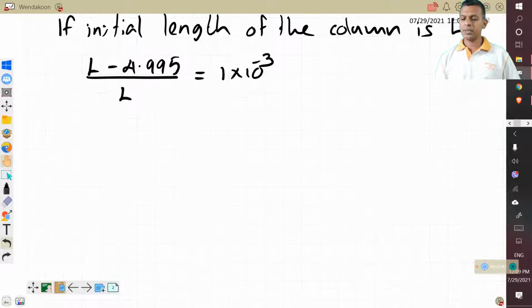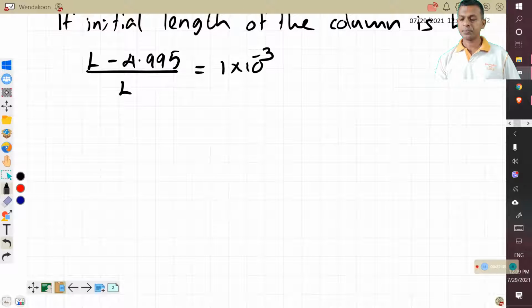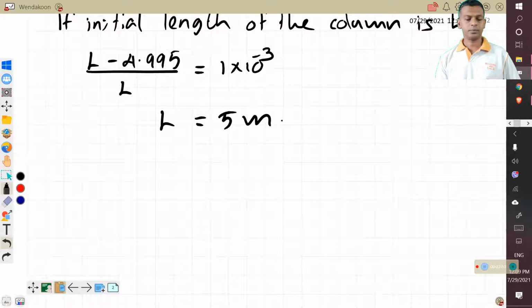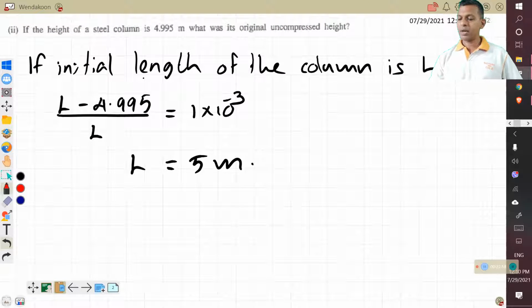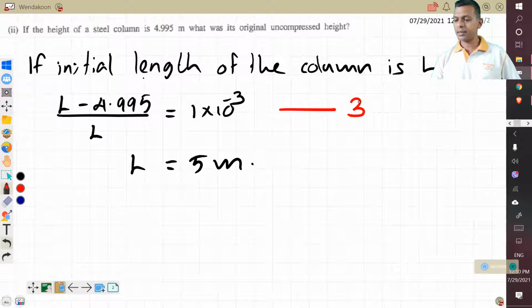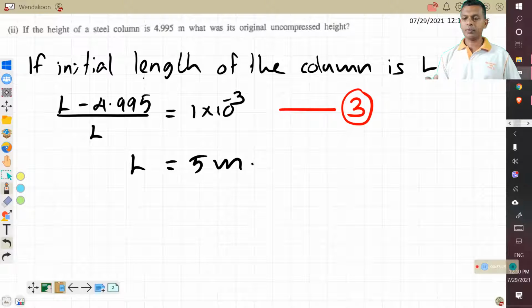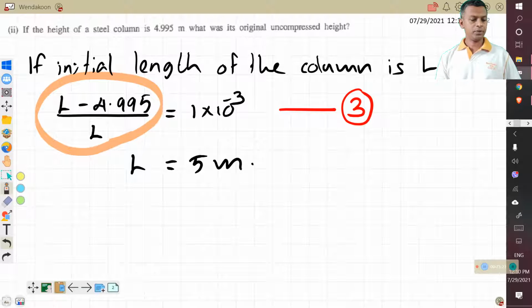Then we can solve this to give L equals 5 meters. For marks, you will have 3 marks for identification of strain and equating to the strain corresponding expression, and then for the final answer another 2 marks.